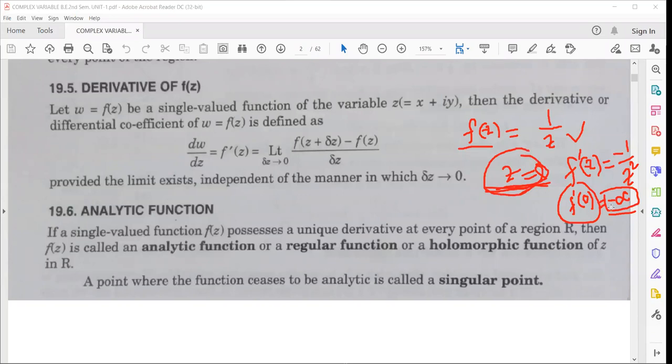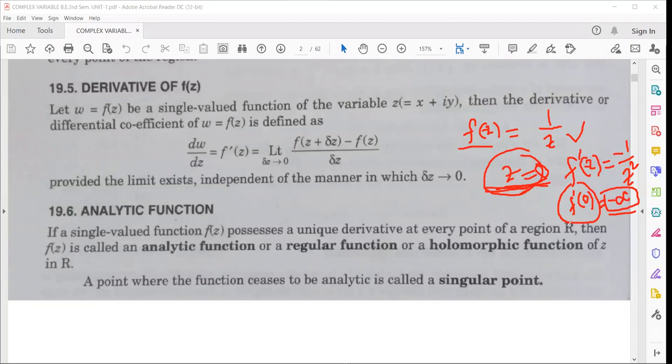You take any value of z except z equal to 0, the derivative of this function will exist. At z equal to 0 only, the derivative does not exist.